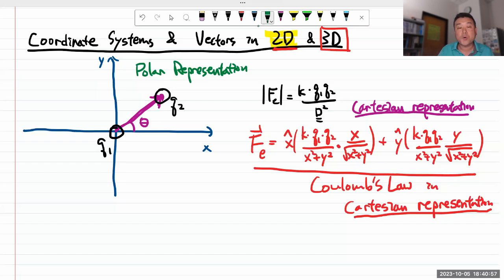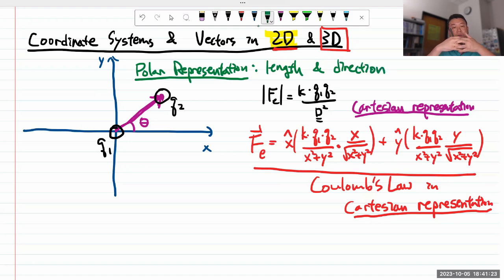Let me just talk about the polar representation of a vector, or polar coordinates, or polar parameters. When you are using polar representation, you deal with two parameters. Instead of x and y components, you deal with the length, the magnitude, and direction. It naturally fits in with how we define vectors, the properties that a vector has.